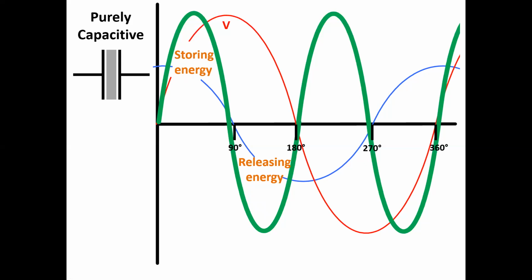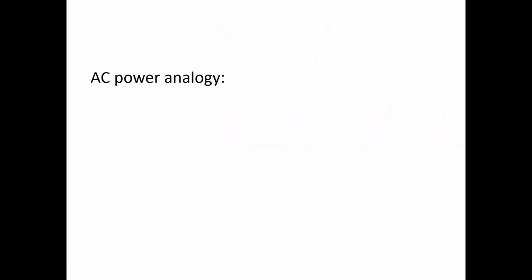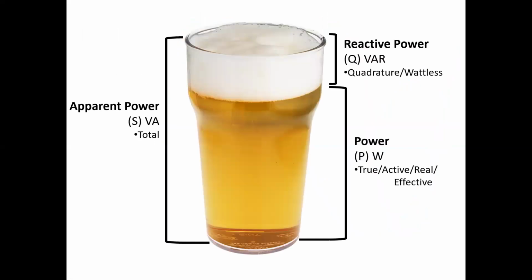Now, this concept of energy being stored and released inside an AC circuit leads us to combine values of power and leads us to the terminology that we use in electrical to describe power, which is true power, the item that you are used to most often from first level, which is represented with a P in an electrical formula and measured in watts, which is referred to as true, active, real, or effective.